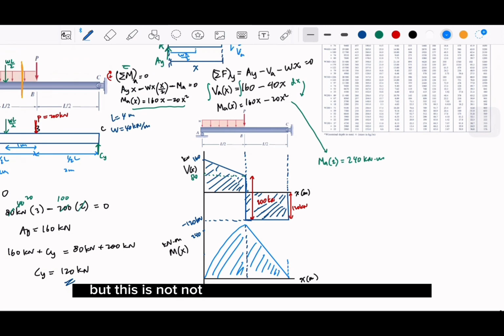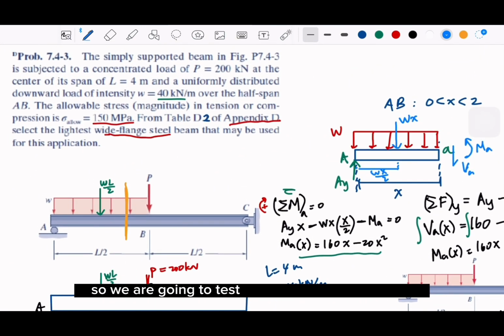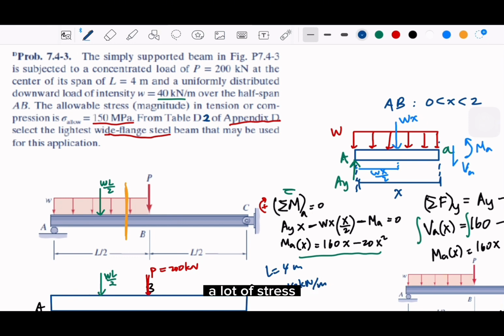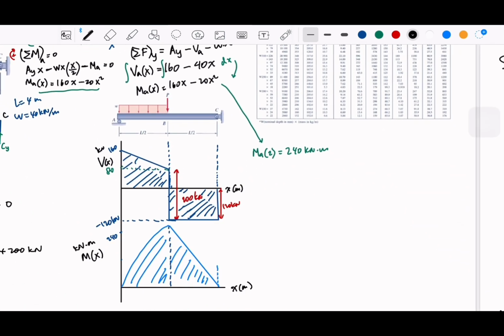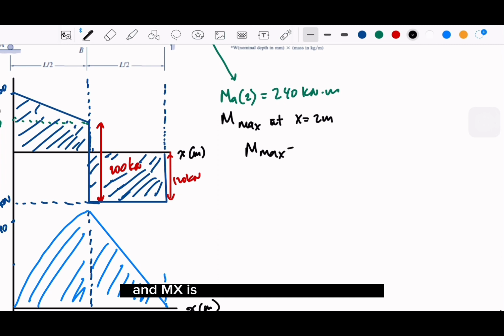But this is not really what we want to find, right? So we are going to test this design with the allowable stress, that is 150 megapascal. How do we do this? From this part here, we know that M max is 240 kilonewton meter.